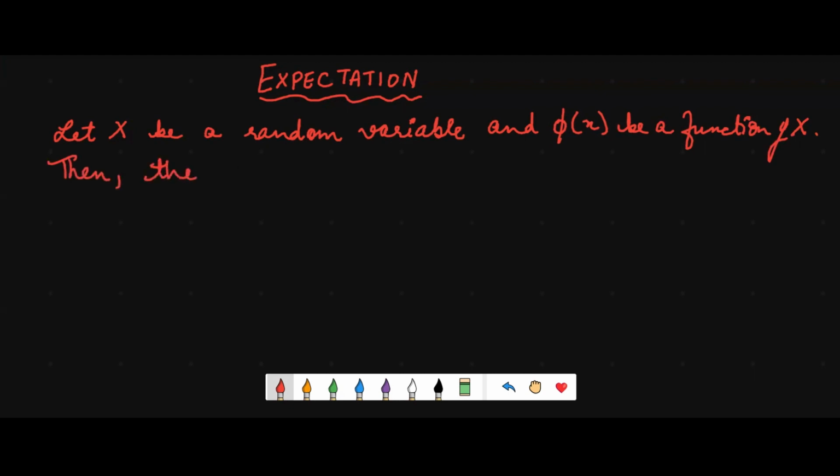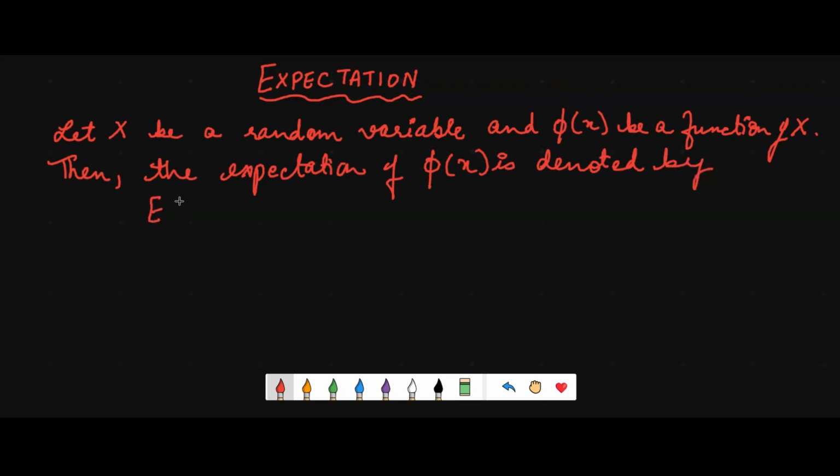Then the expectation of phi of x is denoted by E of phi of x, or we can also denote it by the mean or the average of the random variable.